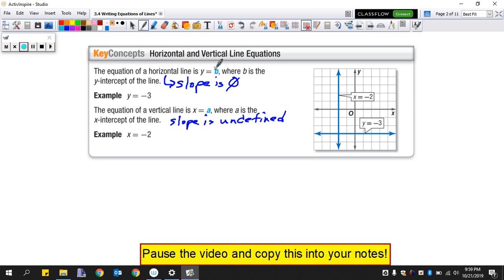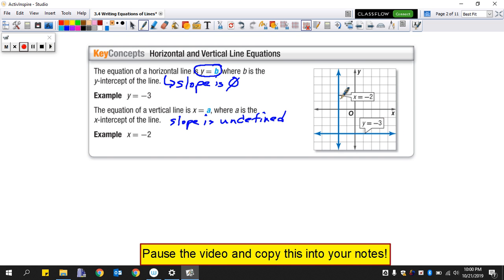a horizontal line is just simply y is equal to b, where b is your y-intercept, and not only just your y-intercept, but every y coordinate is going to be the same in that line because it's horizontal. It goes straight across like this, y is equal to -3.